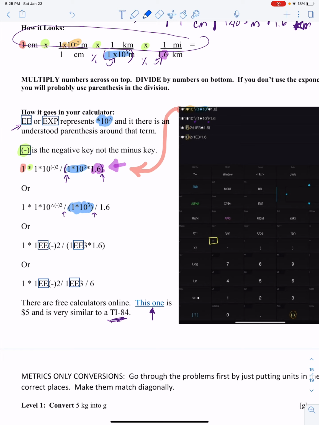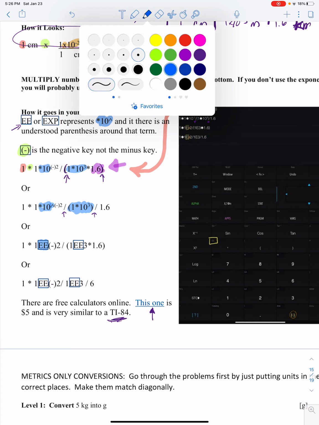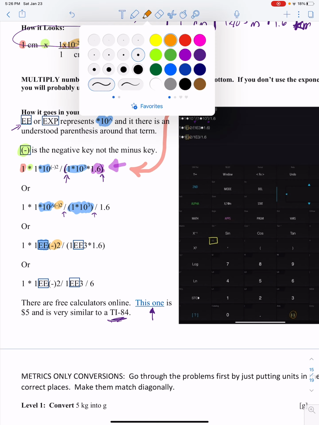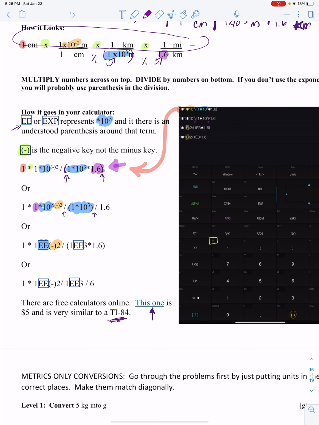And then you'll see that this is all you have to write down, and the front number. So instead you're pushing the 1, the EE key, the negative key, and the 2. Up here you're pushing the 1, the times, the 1, the 0, the raised 2, the negative key, and the 2. Do you see how many more pushes that has?